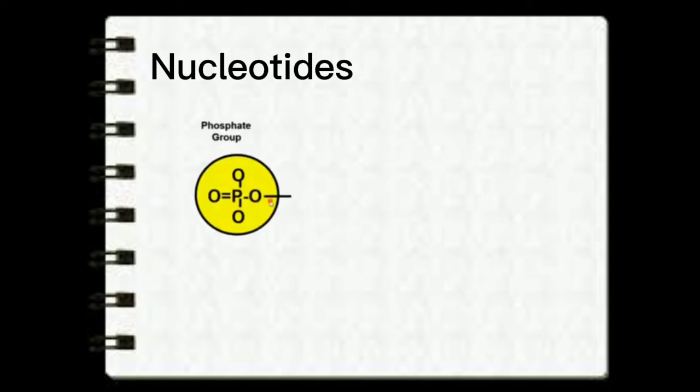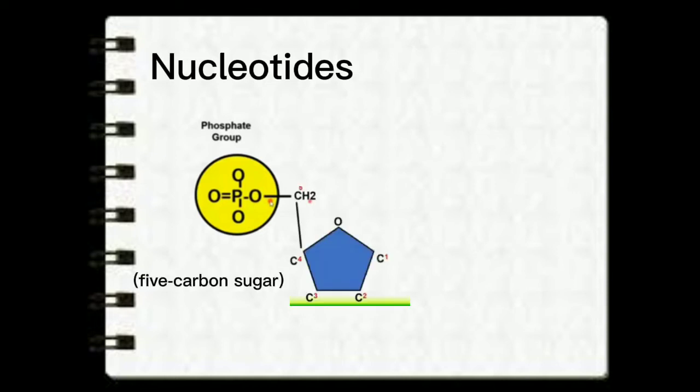Let us take a closer look at nucleotides. A nucleotide is composed of a phosphate group containing a phosphorus and oxygen atom that is attached to the sugar. At the center of each nucleotide is a 5-carbon sugar, which is in deoxyribose form in DNA and ribose in RNA.